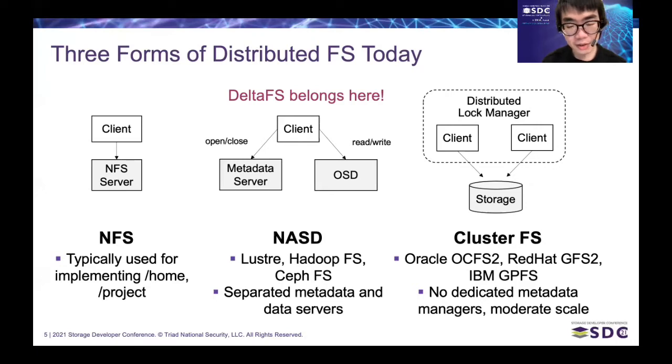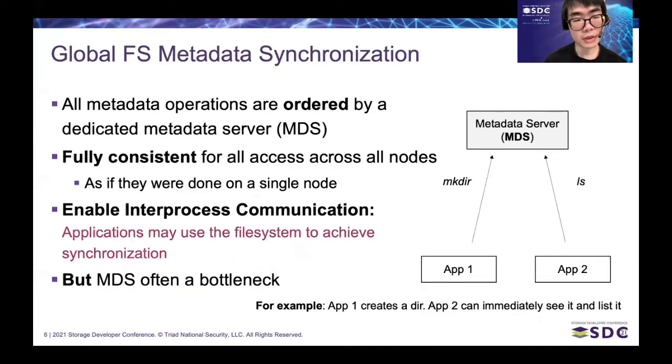NASD, on the other hand, is able to support way more concurrent clients than cluster file systems. But unfortunately, due to global synchronization, as client count increases, NASD will also see performance bottlenecks. So global file system synchronization basically means that all file system metadata operations need to form a global ordering.